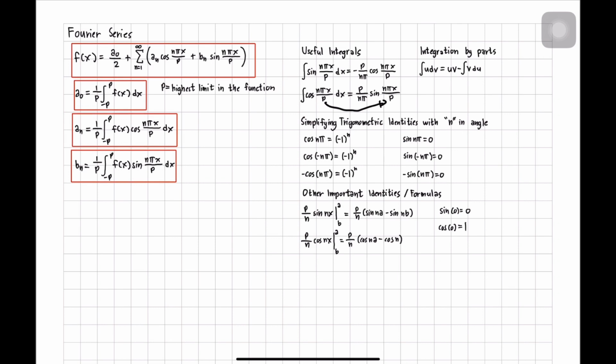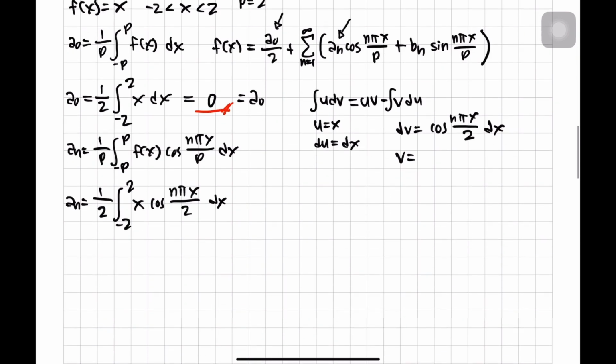I hope you get that. That's the pattern. So we put the 2 at the top, and then n pi at the bottom. The integral of cosine is sine, and then exactly copy what's inside the cosine. That's basically it.